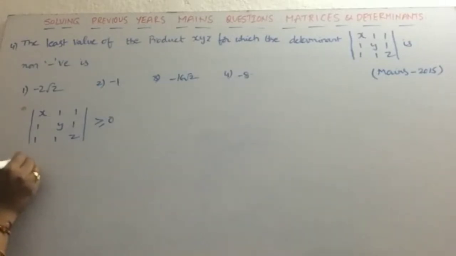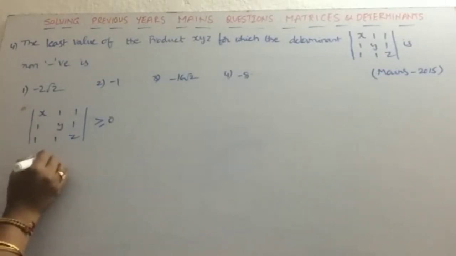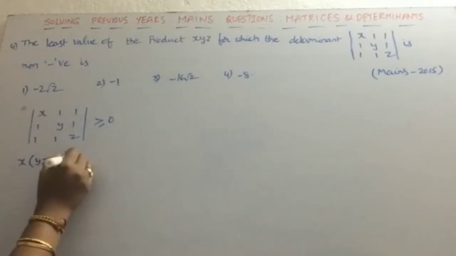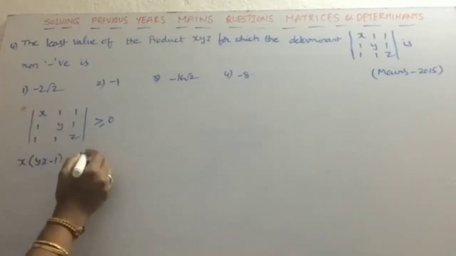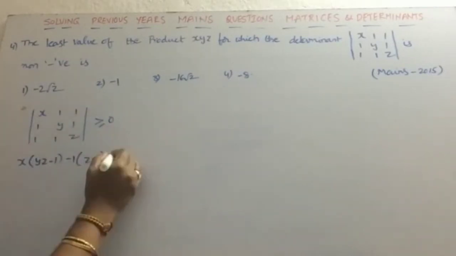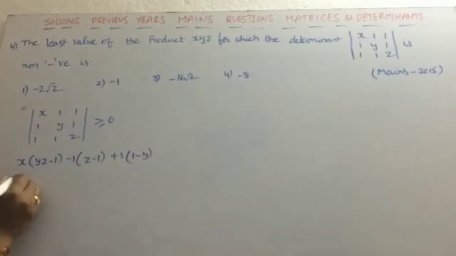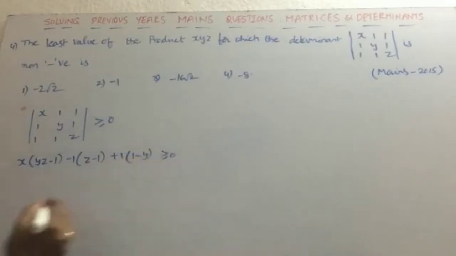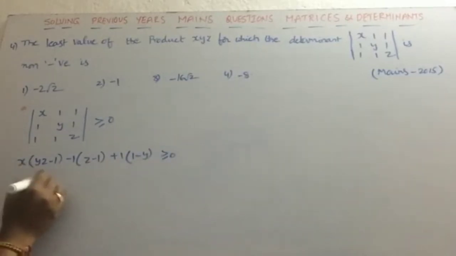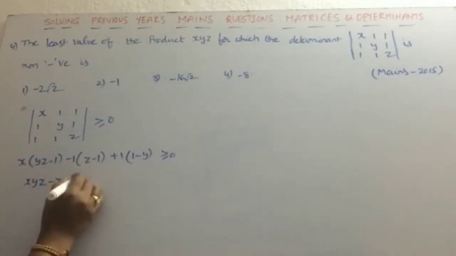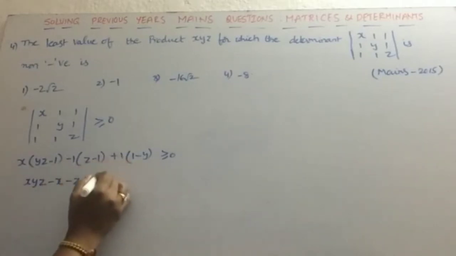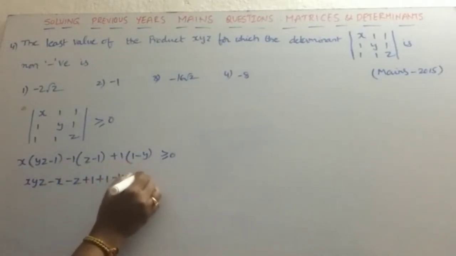So x into (yz minus 1), minus 1 into (z minus 1), plus 1 into (1 minus y), is greater than or equal to 0.